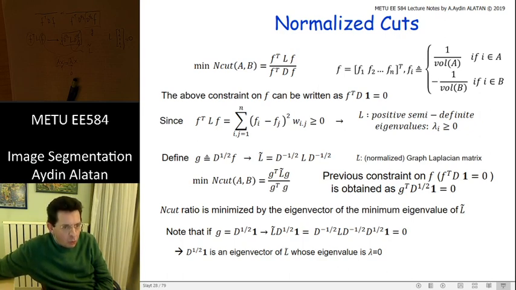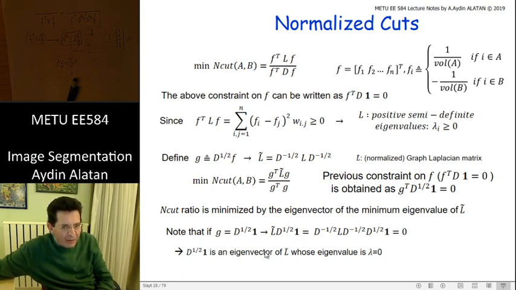I obtain a minimum solution, where d121 is the solution of it, but the eigenvalue of it is equal to 0. Good. But here, please note, we will have nothing but constant entries, which is not very useful for us, okay?